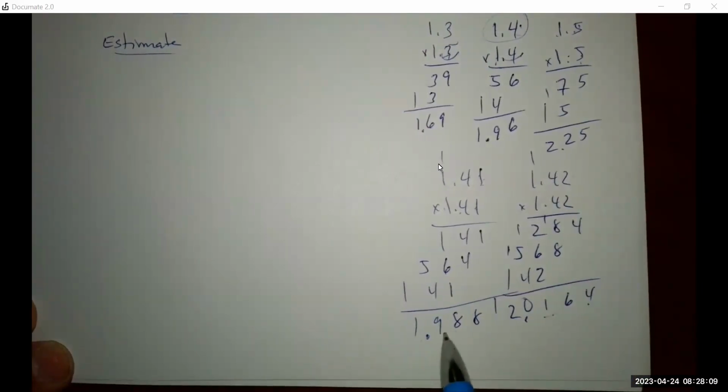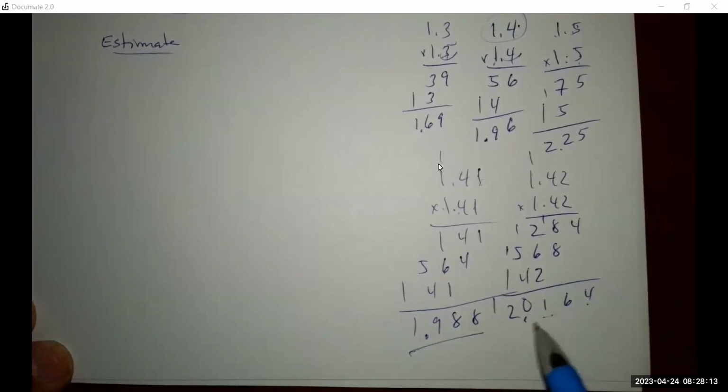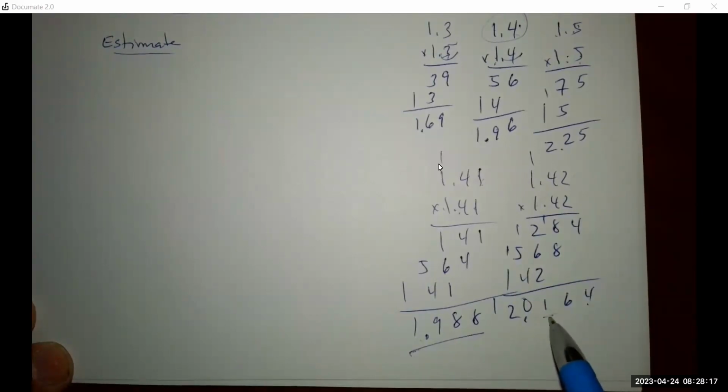2.0164 or 1.988. This one's closer to 2 because that one's bigger by 9.836. Or too big by 164. This one's only smaller than it by 0.12.